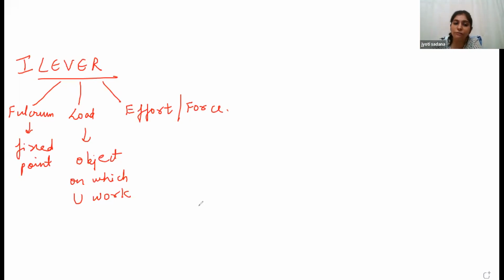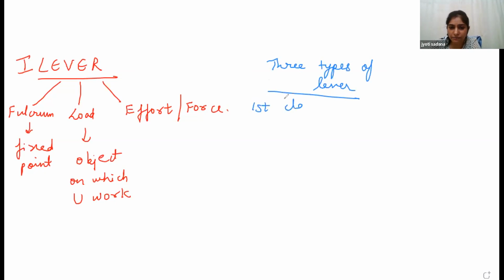This much you understood, fulcrum, load and effort. So we have now three types of lever. We have first class lever, we have second class lever, and we have third class lever. Okay, just remember, we have three class lever, first class lever, second class lever, and the third class lever.